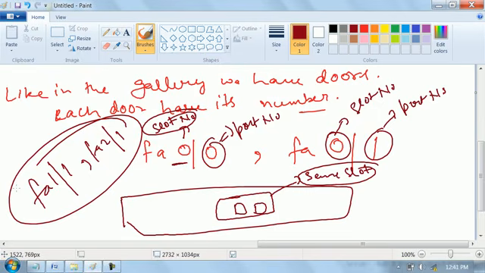What is slot? What is port? Clear? Slot is the physical location of the port. Agree? And what is port number? Port number is the identification of the port. Fine? See, in a hotel, all doors look similar. Agree or not?